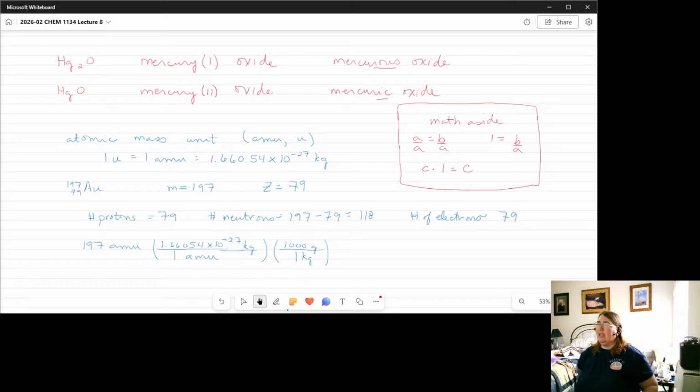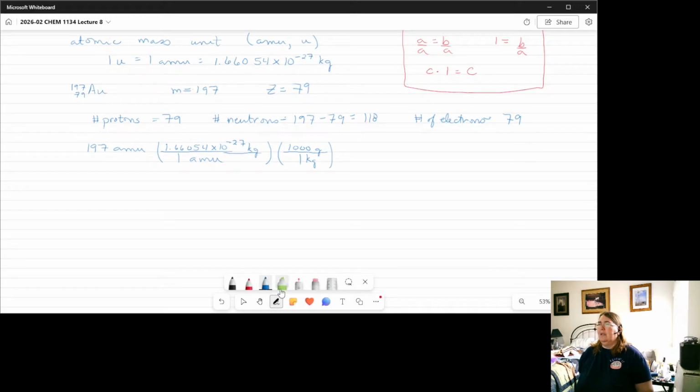This is called a conversion factor. This is also a conversion factor, and it's coming from the relationship that 1 kilogram is 1,000 grams.